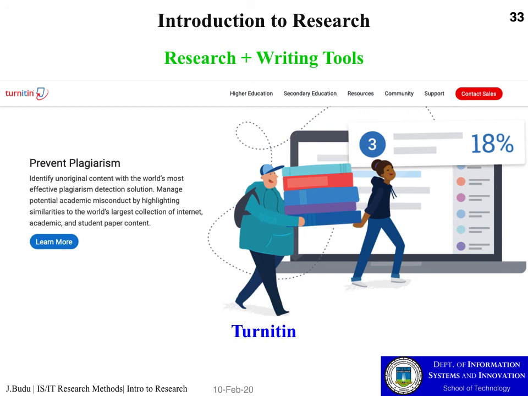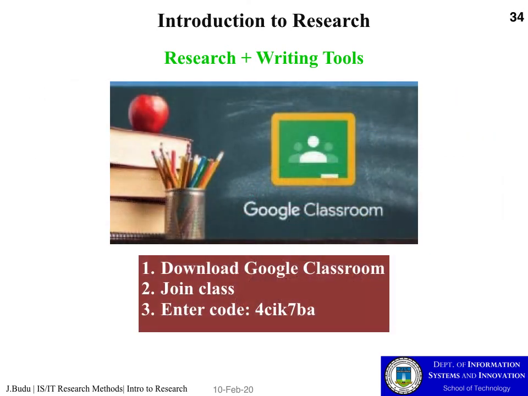But let's start at a very low threshold so that as you build on more content in your work, your plagiarism threshold will be increasing and you will not go beyond the 20% which the institution allows. So you check your Google Classroom for instructions on how to check your work in for plagiarism using Turnitin.